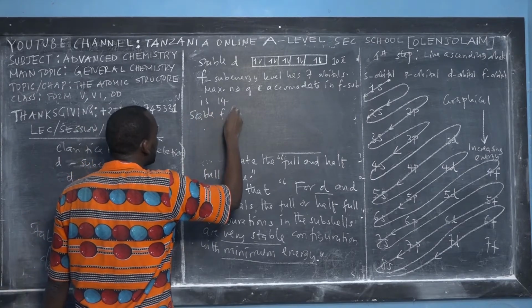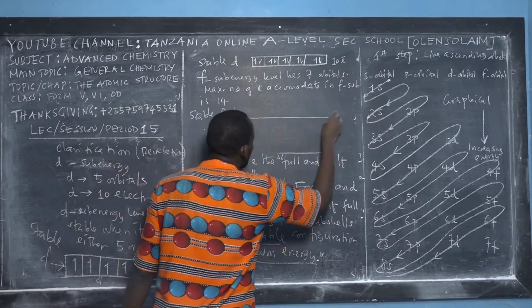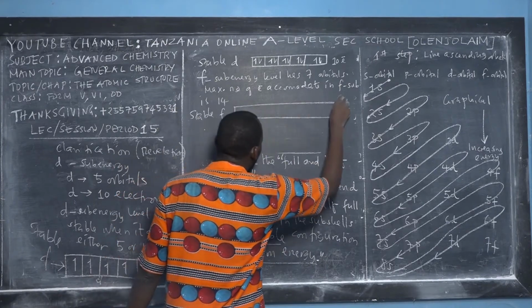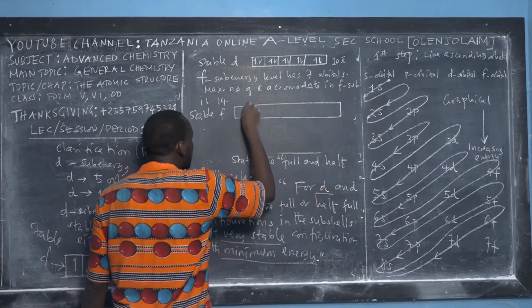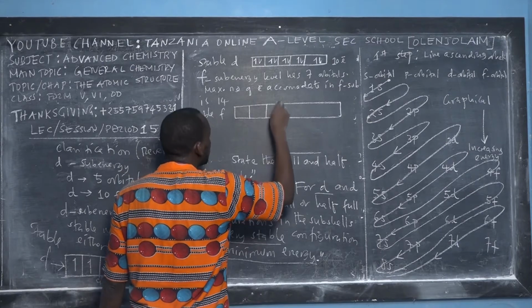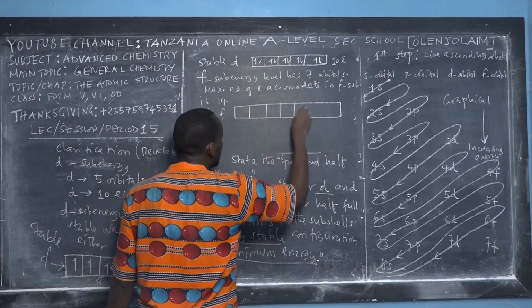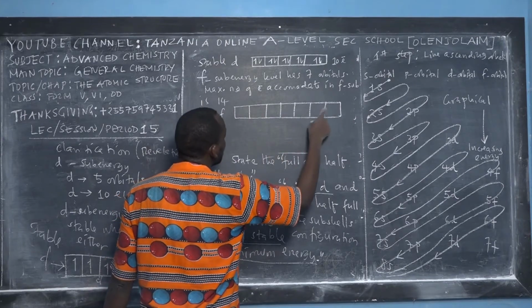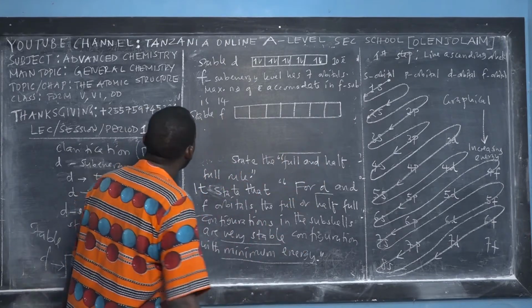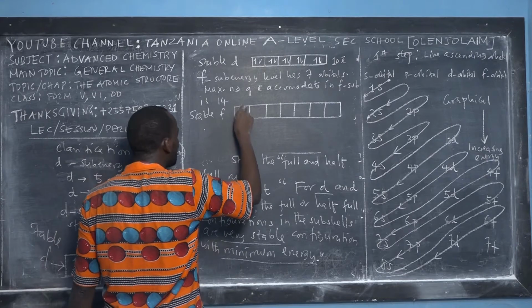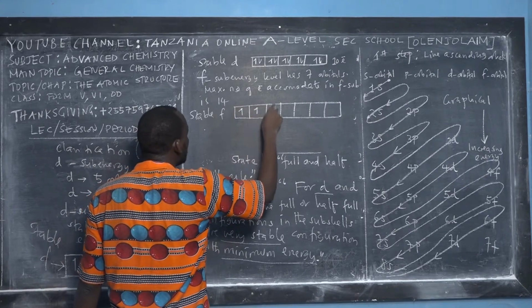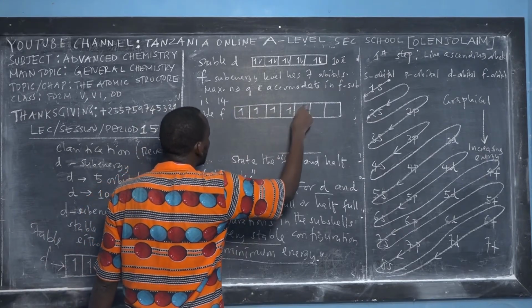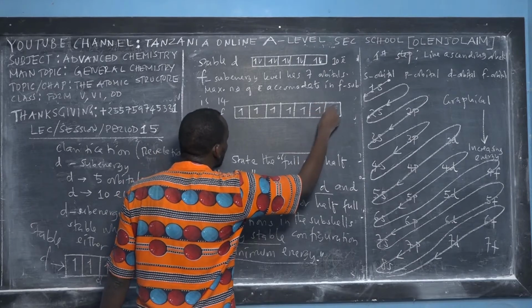If it's 14, it means that the stable F orbital will be in this form. A half-filled one: first orbital, second orbital, third orbital, fourth orbital, fifth orbital, 1, 2, 3, 4, 5, 6, 7. So the stable F orbital is if it is half filled. So it contains how many electrons? 7 electrons.